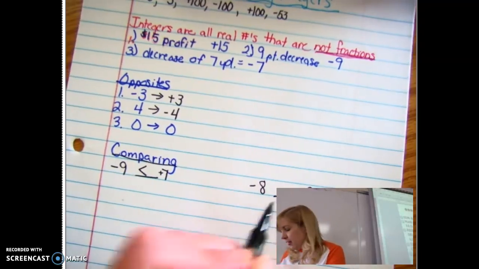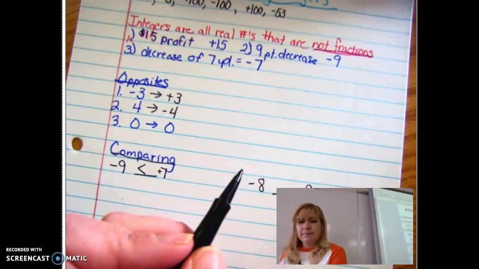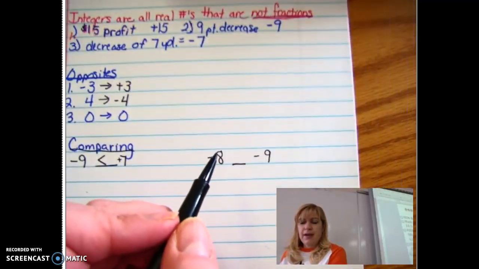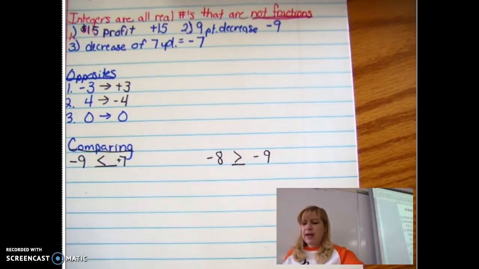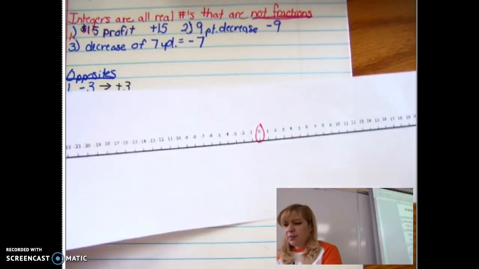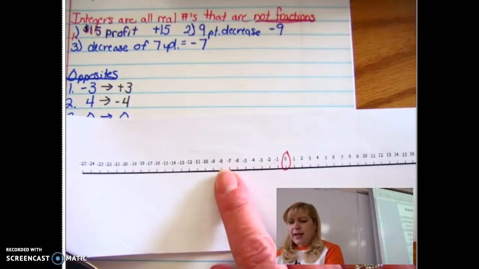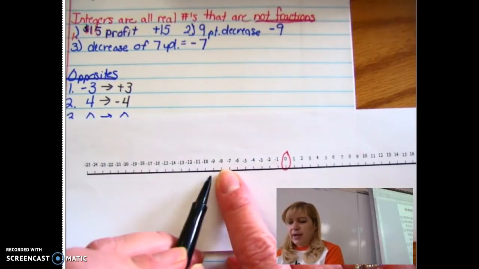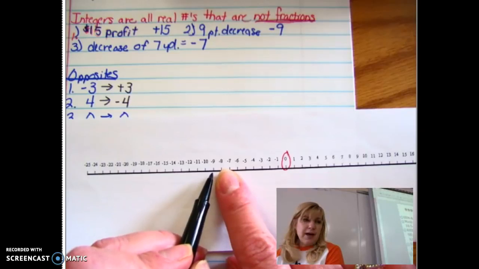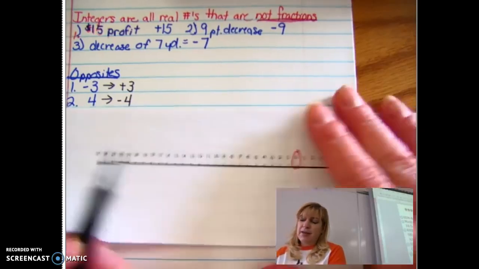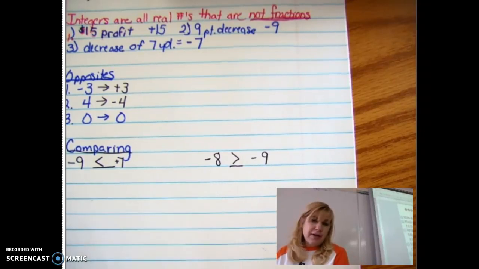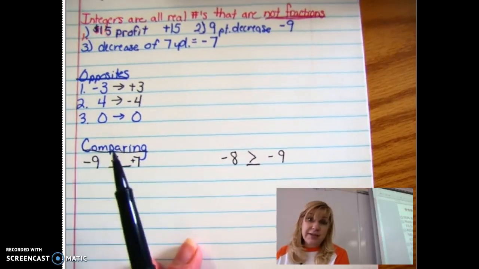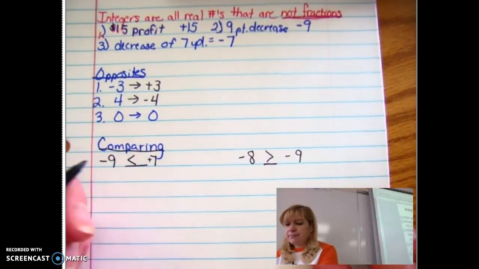What would you put in the middle? Okay, hopefully your sign went this way, and if you need this to prove it, here is my negative 8 and here is my negative 9. Notice that this number is smaller. Think about it this way. Would you rather have me take $8 out of your account or $9 out of your account? Usually kids grasp the concept that way.